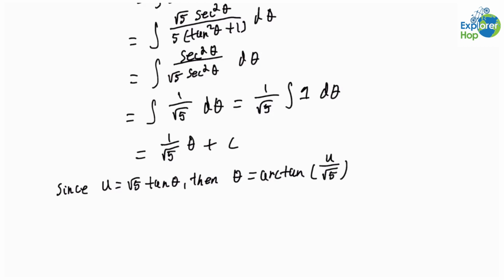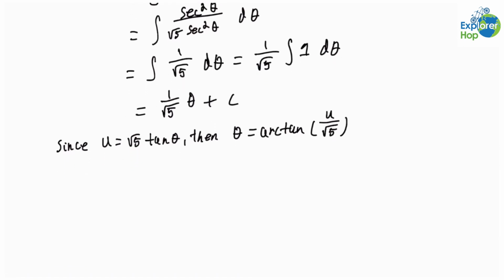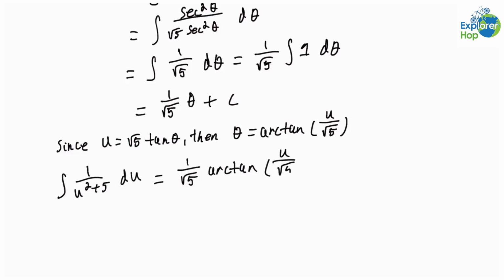And subbing this in, we get that the integral of 1 over u squared plus 5 du is equal to 1 over root 5 times arctan of u over root 5 plus some constant c.